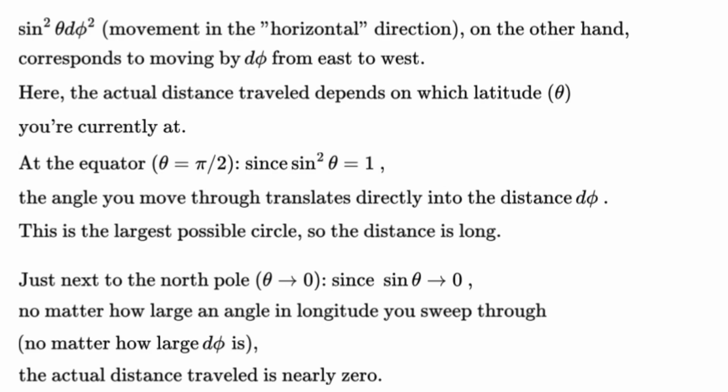Since sine squared theta equals 1, the angle you move through translates directly into the distance d phi. This is the largest possible circle, so the distance is long. Just next to the North Pole, theta approaches 0 degrees. Since sine theta approaches 0, no matter how large an angle in longitude you sweep through, no matter how large d phi is, the actual distance traveled is nearly 0.